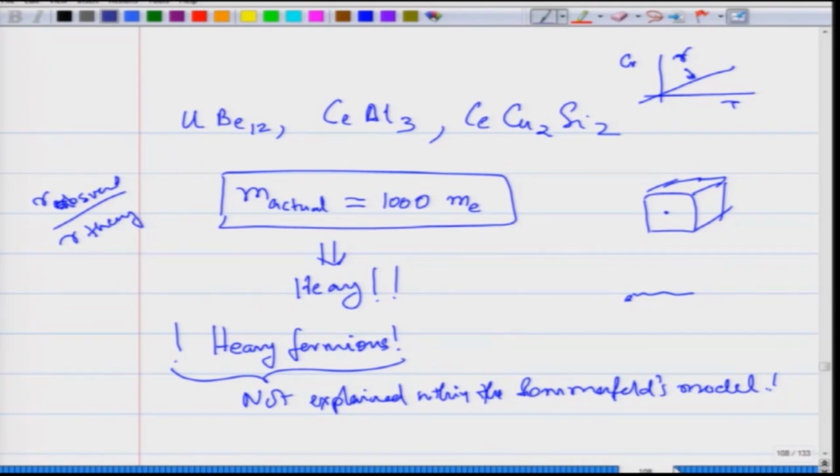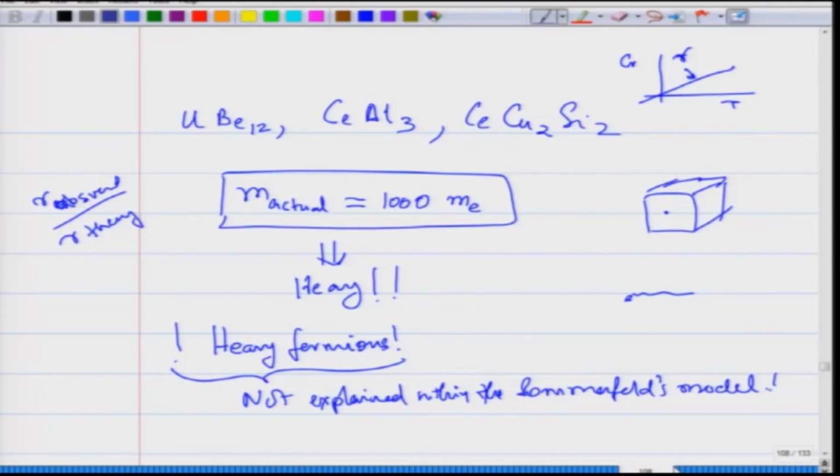So, these were some surprises which came up, and they showed the limitations of the Sommerfeld model, in the context of a substantial increase in the mass of the electron.